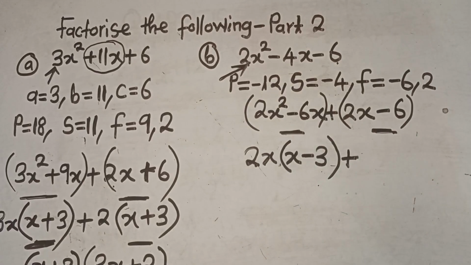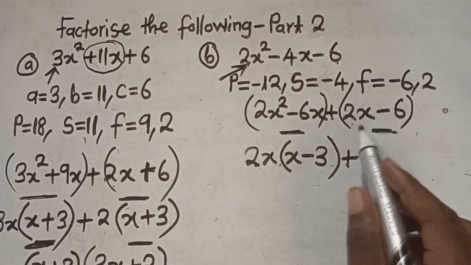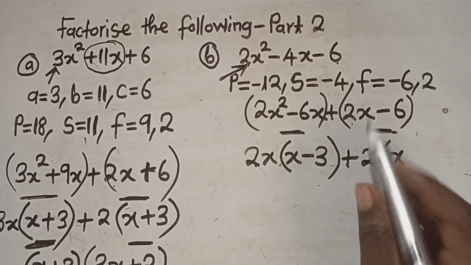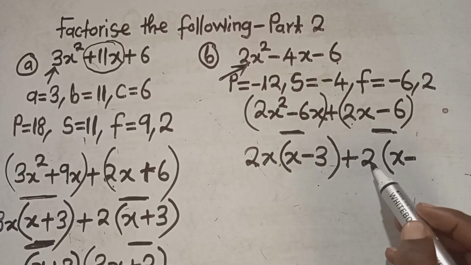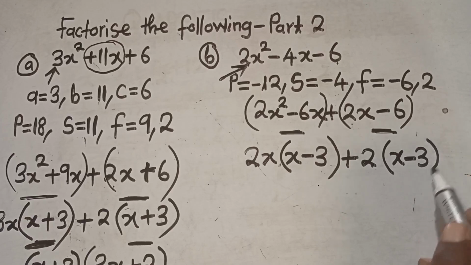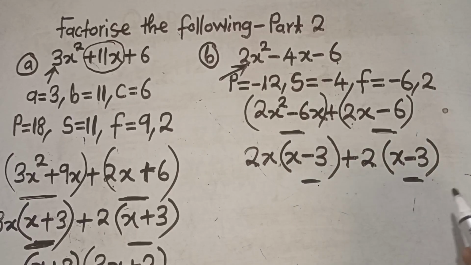What is common there? What is common is just a 2. I do this. That is 2 into 2x. I will just get x minus 2 into 6, that is a 3. Like this. These two are the same. Have you seen this one and that one are the same? So it means you are doing the correct thing.